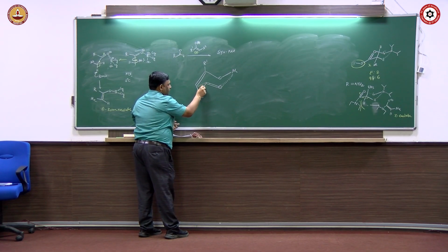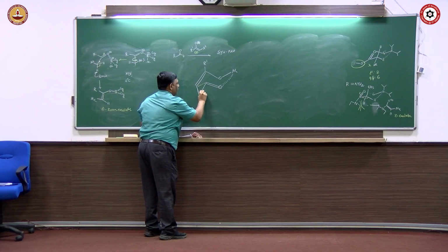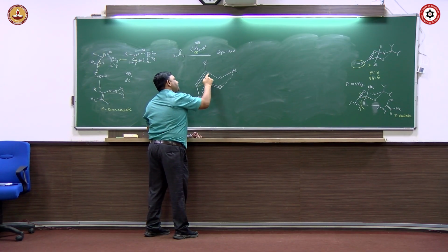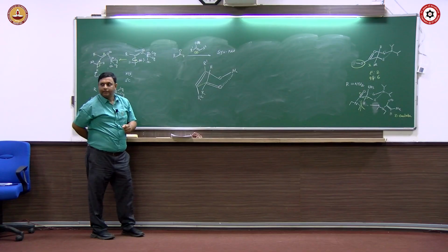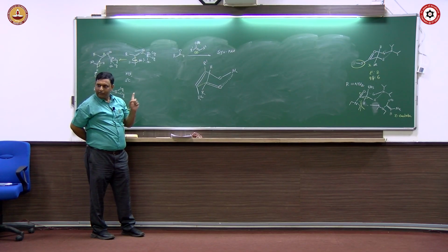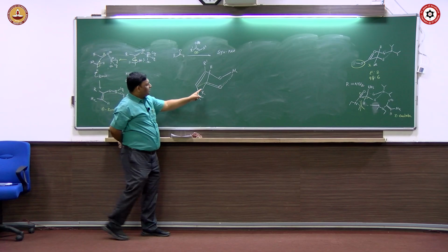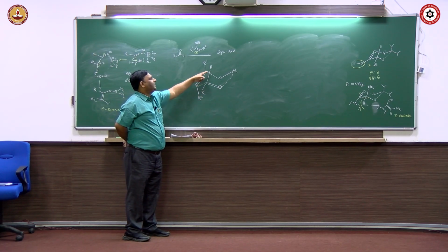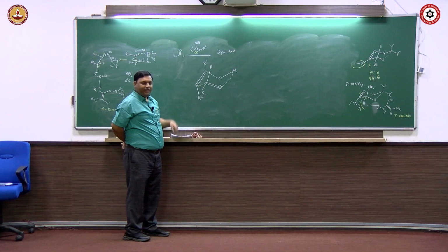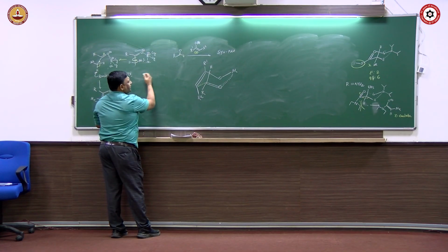I have a substituent R here, and one more substituent here, hydrogen, correct? One more option you have is to make the R here and hydrogen in the other position, R axial, or hydrogen in the equatorial form. So you can draw that one as well. Let us imagine that.